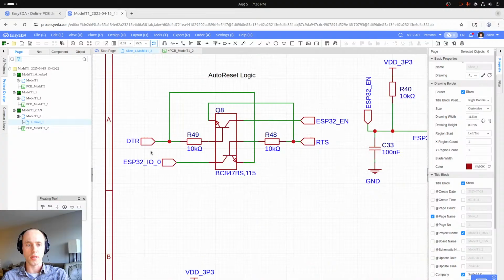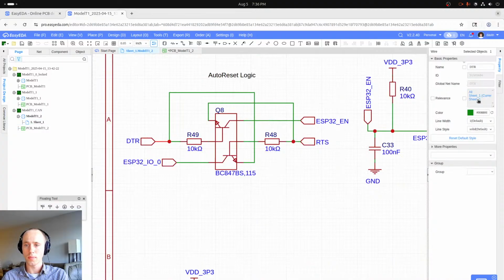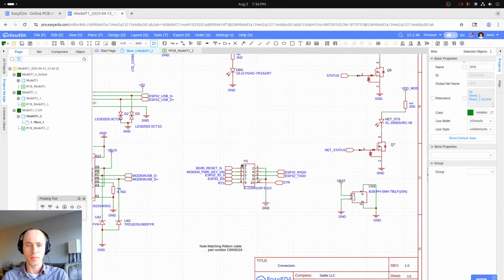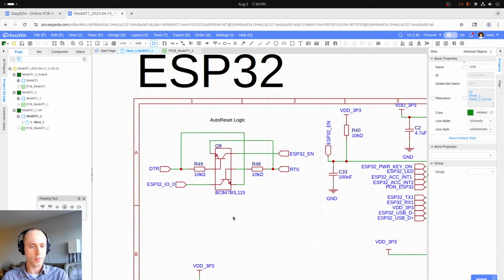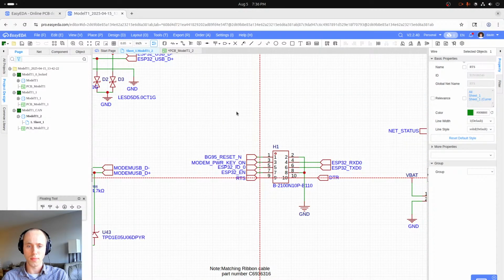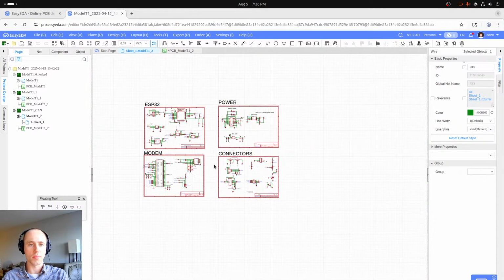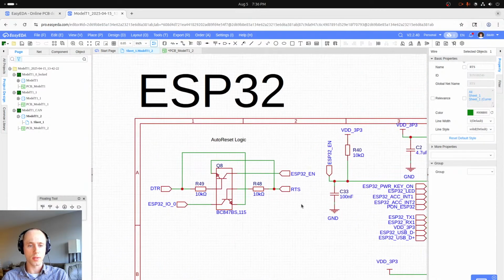DTR. Where's DTR going? Same connector. And RTS. Where's this going? Same connector. Okay. So these three are hanging out together, as well as this guy. Where's this going? Is this the same thing?